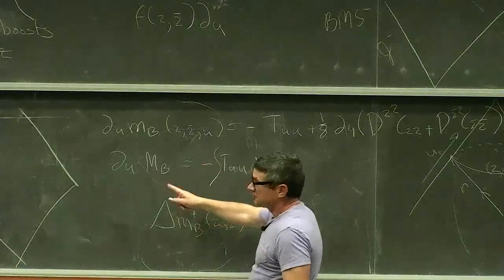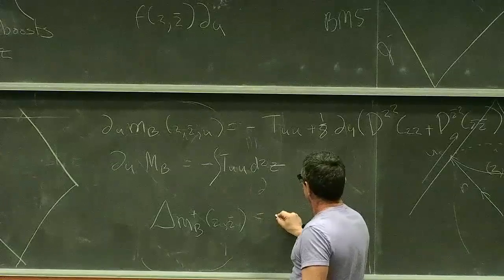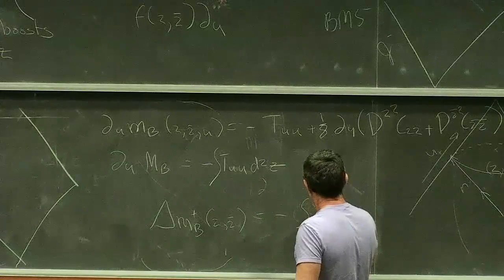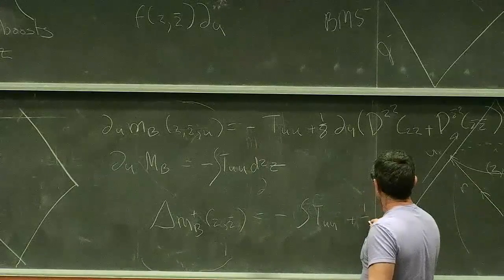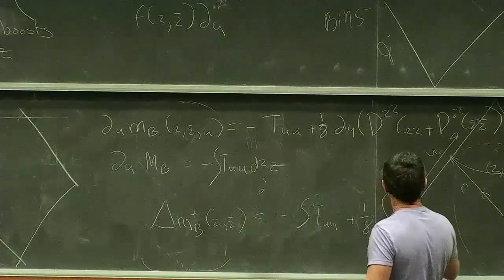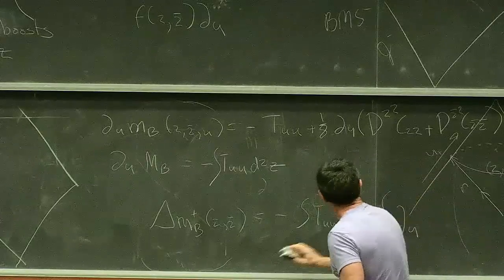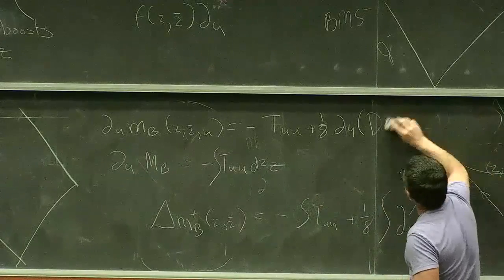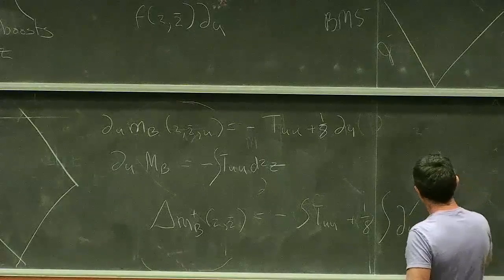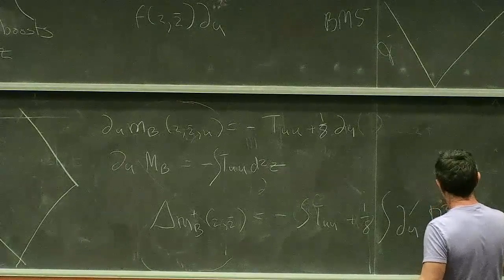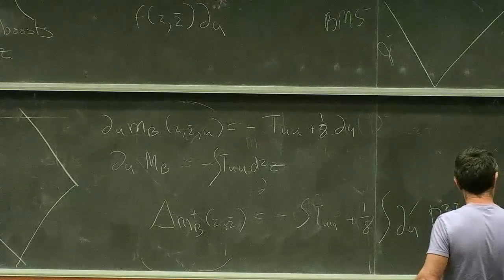I'm putting a little plus on it because I'm talking about scri plus, is equal to minus the integral of T_UU plus an eighth the integral du of d_z squared C_zz plus complex conjugate.